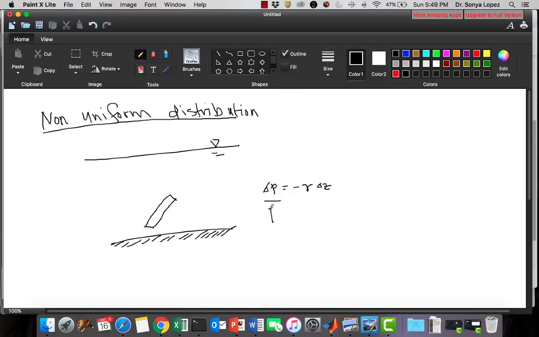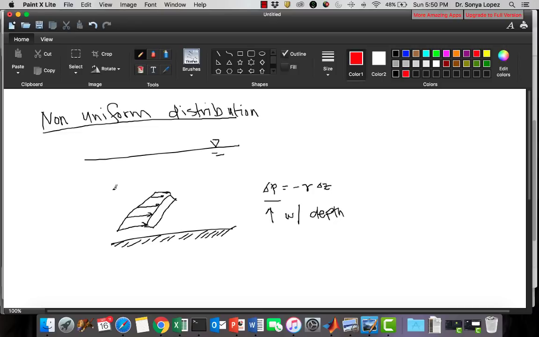Pressure increases, right, with depth. So you're not going to have this uniform distribution, right? Your distribution is going to be increasing with depth. So it's actually going to take more of a triangular shape, okay? So this is our non-uniform distribution.